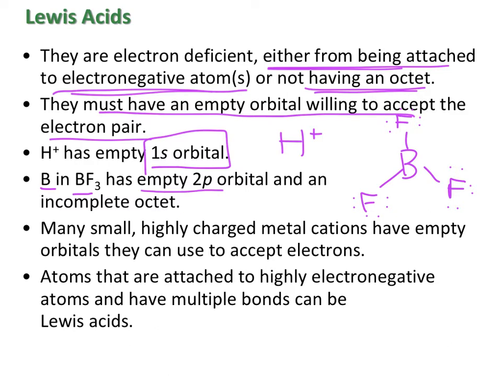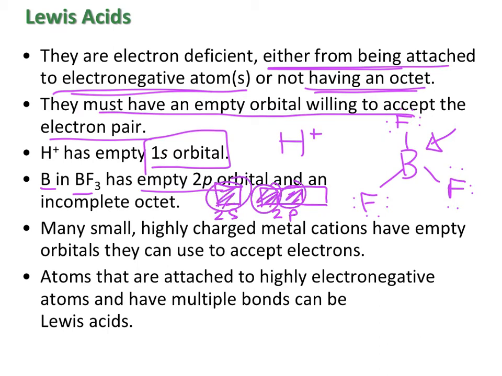What we see here is that the boron only has 6 electrons around it, and it's actually only using a 2s orbital and 2p orbitals. There's 2s, and then there's 3 separate 2p orbitals, right? In this case, this boron is using this one, and this one, right?